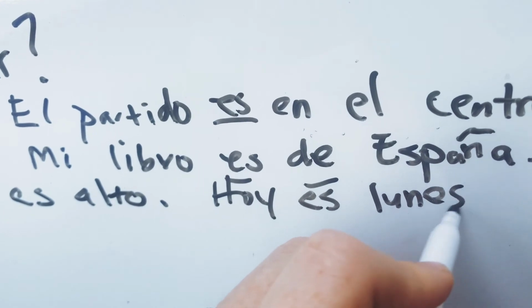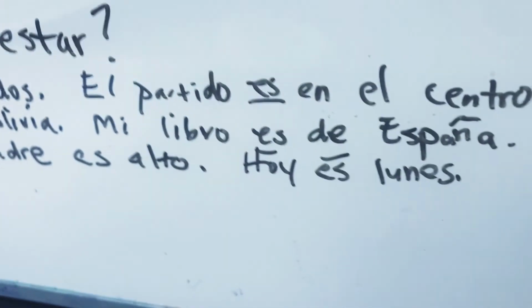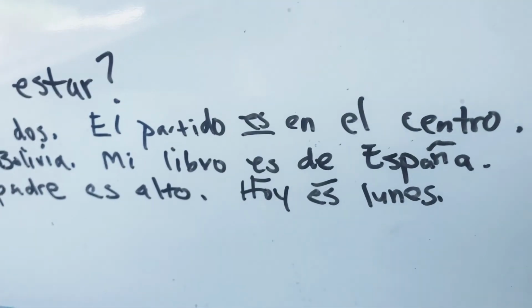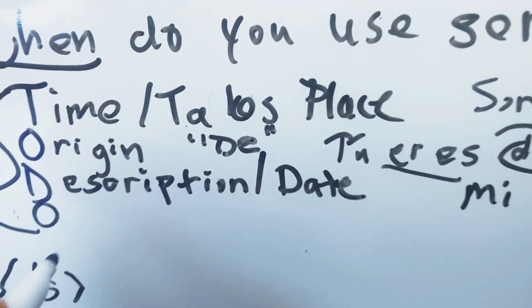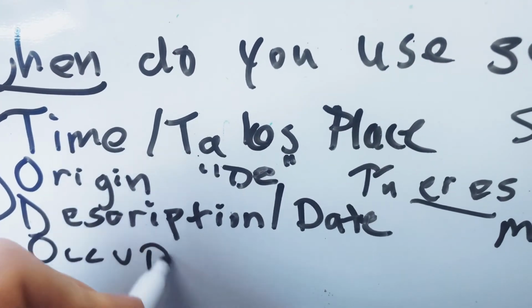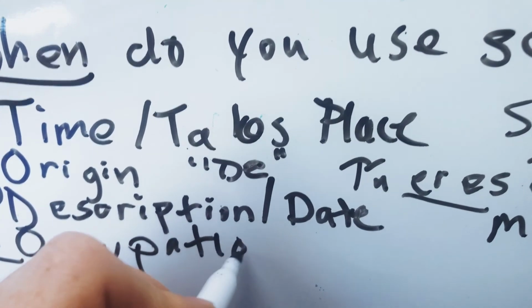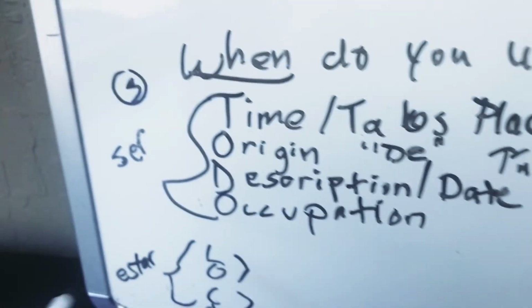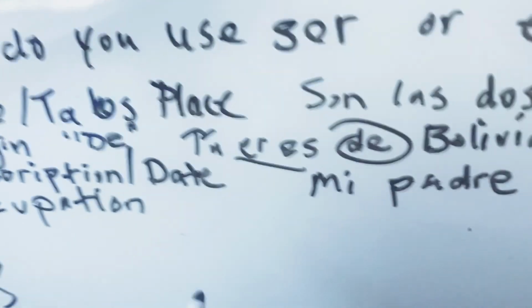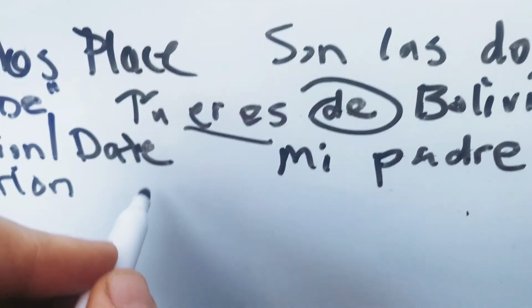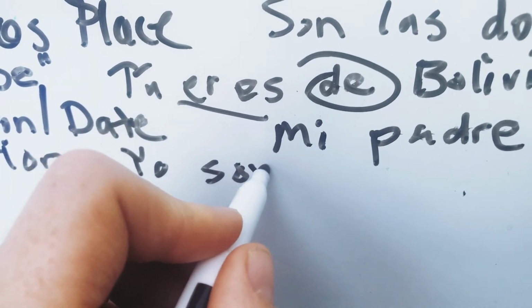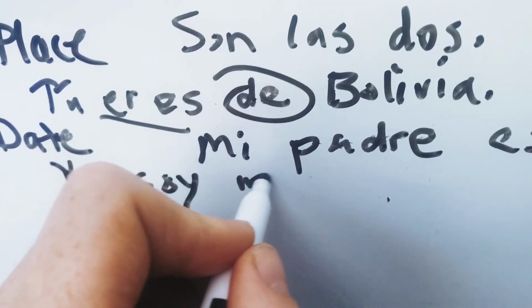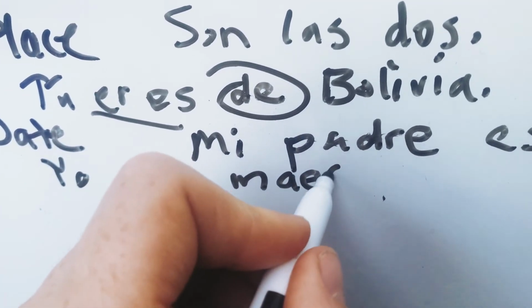Today's Monday, and you could have the actual date itself. El 12 de septiembre. The other O, and there's no particular order that these need to come in, occupation, what someone does for a living, is again ser. So, one example would be something like, yo soy maestra. I am a teacher.